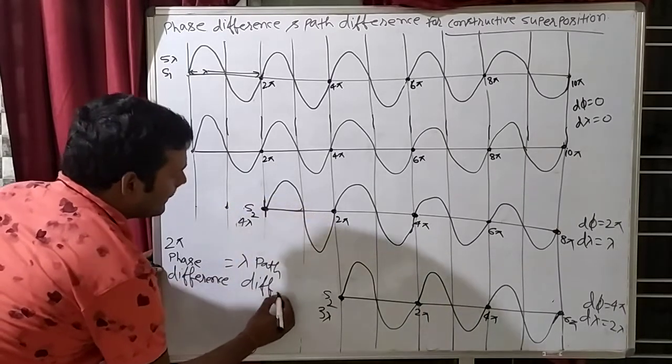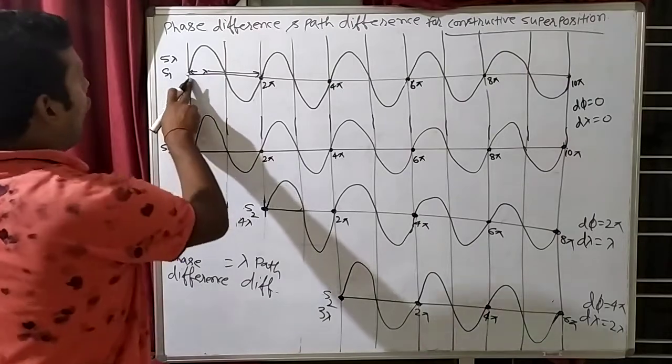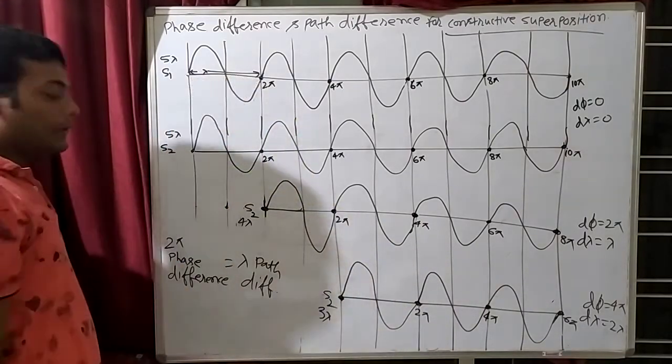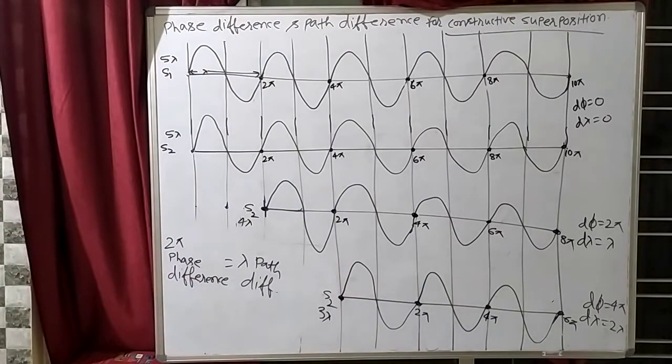See, add to add. How much is the phase? 2 pi. And what is the path length? Lambda. So 2 pi phase difference is equal to 1 lambda path difference. Can we write this thing?